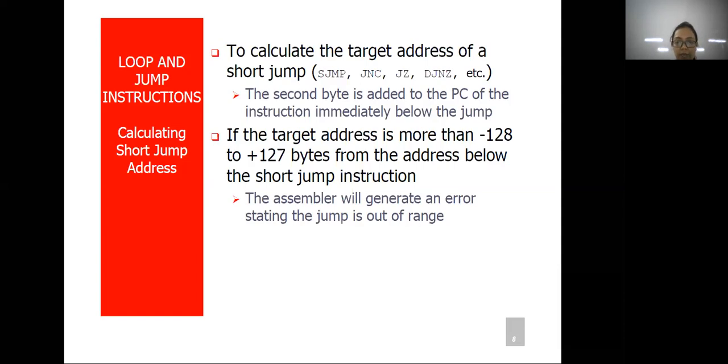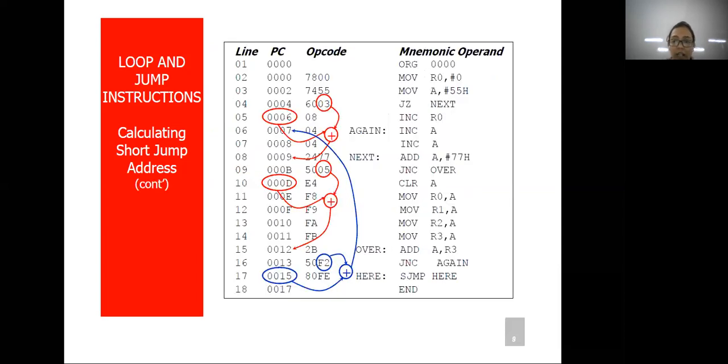Let's see an example. See here the instruction given to you. The first jump instruction comes here as JZ. While executing this program, the target address of this instruction you can calculate by adding the current offset given to you, 03, to the next instruction's program counter address, which is 0006.